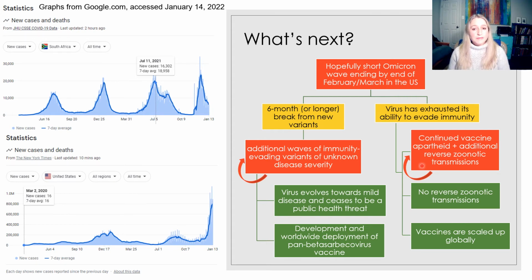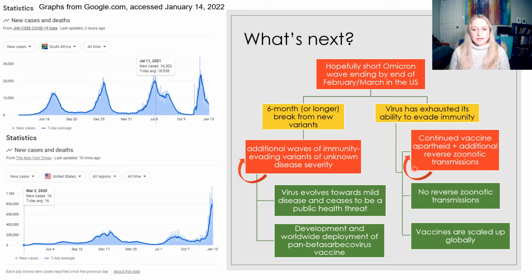So Omicron may spread throughout the world, and that may produce some temporary immunity against the virus, and we may see a lull for a while. But as long as the virus is spreading in animal populations and may cross back into humans, we can see future waves of the virus. And this is mostly going to affect places that don't have high vaccine coverage. Why?